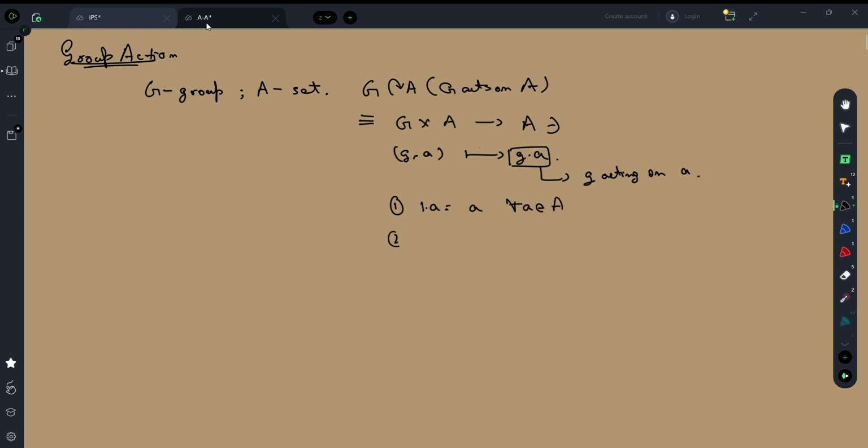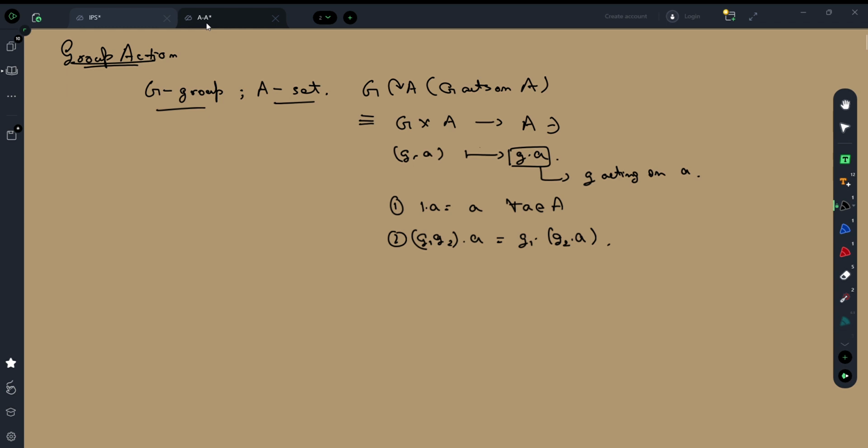Number two is that the acting of elements from G is a sort of associative. That is, if you take the composition of two elements g1, g2 in G acting on a, that is the same as g1 acting on the element g2 dot a. This is precisely what a group action is. Let me re-say it: we start with a group and a set.